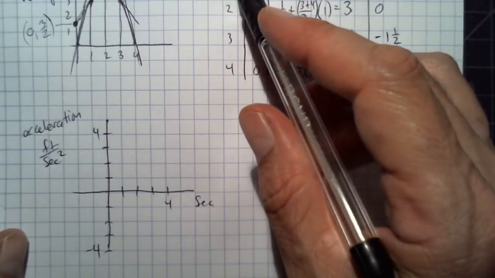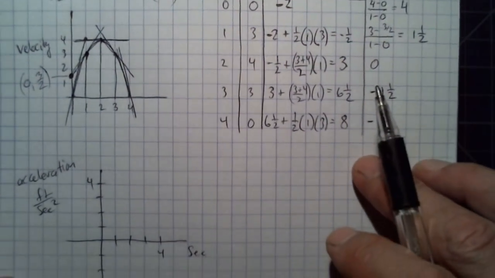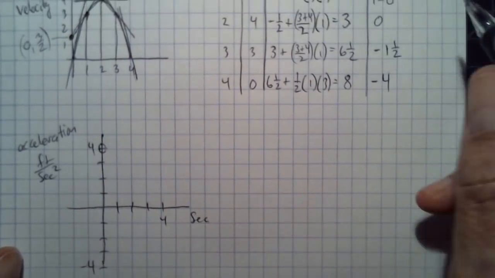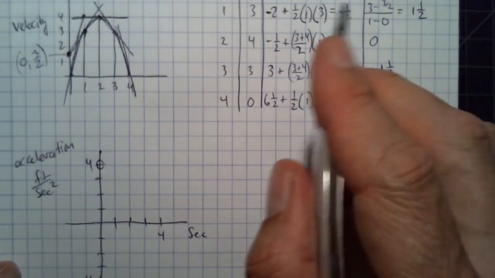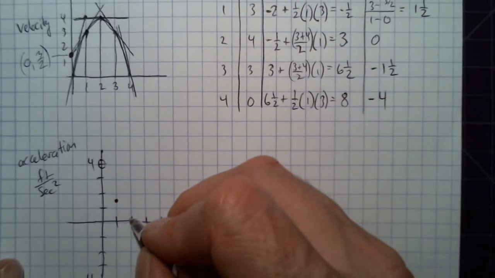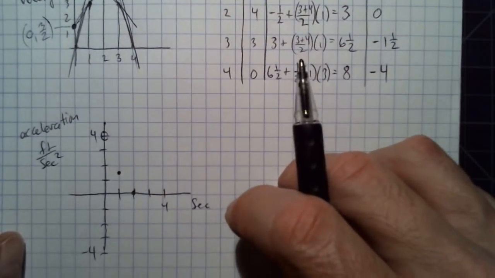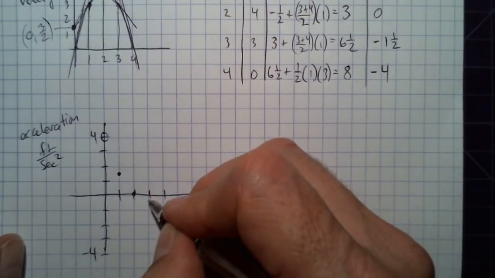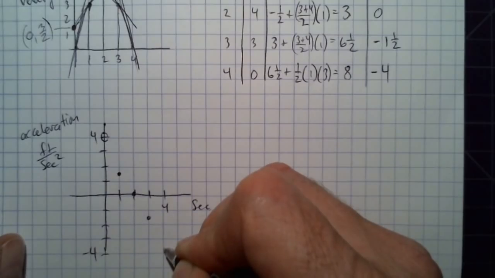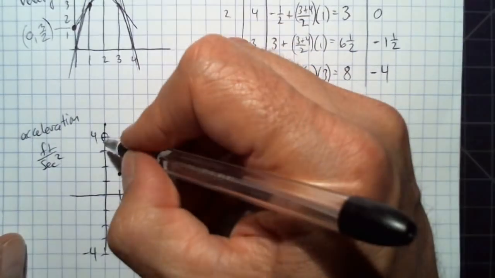So at 0, we'll go to 4. At 1, go to 1.5. 2 is 0. 3 is negative 1.5. 4 is negative 4, open circle.